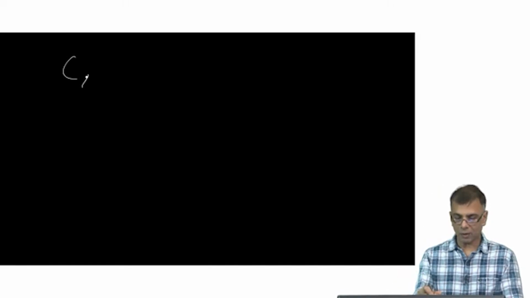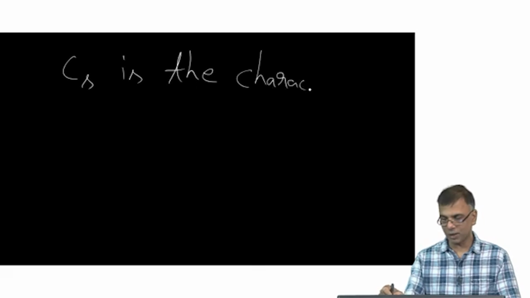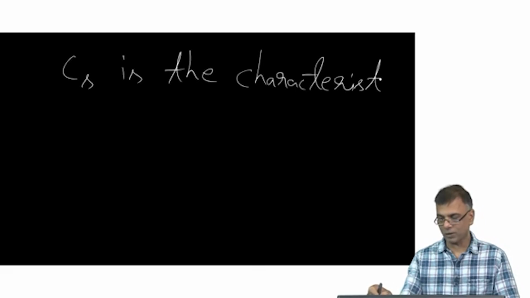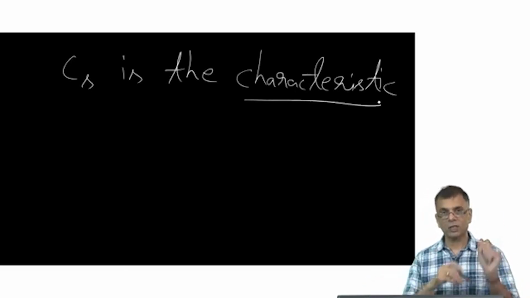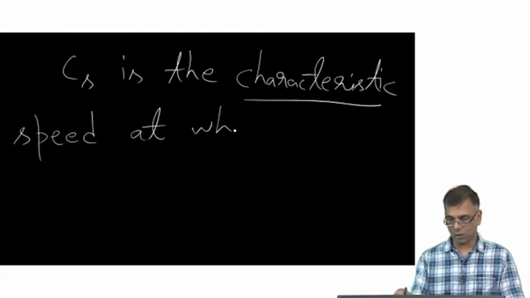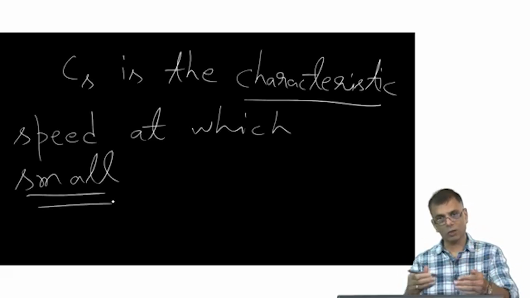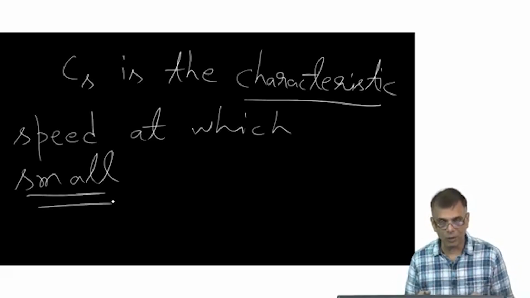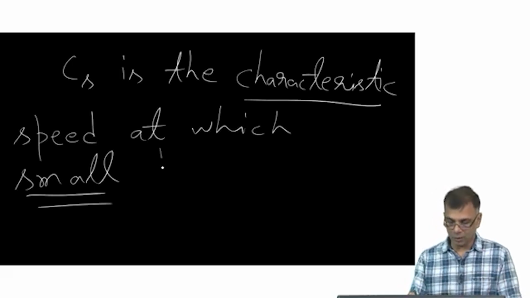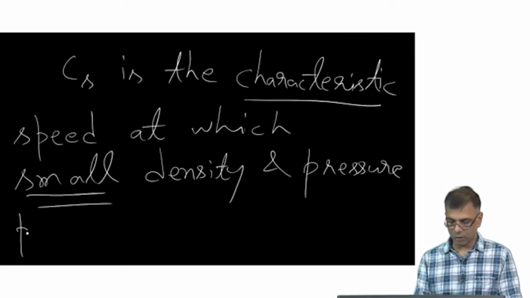So C sub s is the characteristic speed, and I say characteristic just to emphasize that it's the one and only speed at which small density and pressure perturbations propagate, and I emphasize small in the sense that rho 1 over rho naught is much less than 1, P1 over P naught is much less than 1, and so on and so forth.